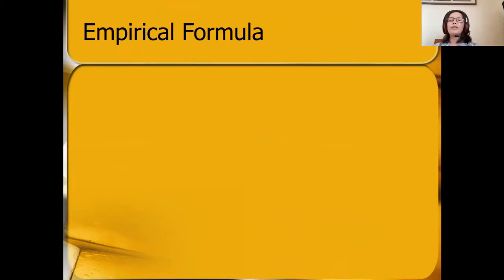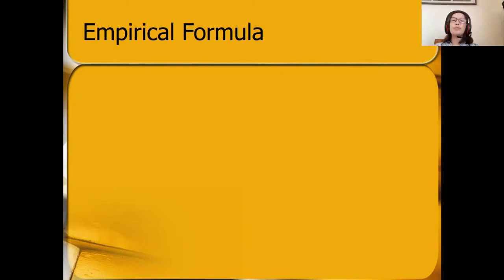For chemists who found an unknown compound and by analysis were able to get the percent composition of each element, they can identify the compound's empirical formula and molecular formula. So what is the meaning of the empirical formula of the compound and the molecular formula of the compound?